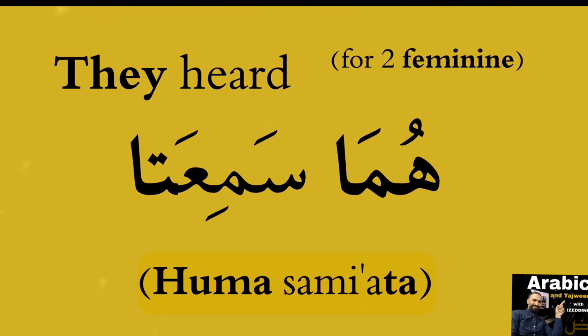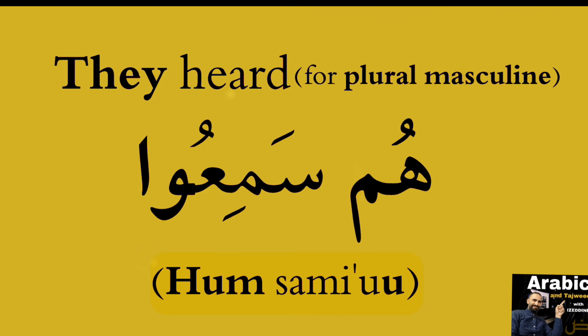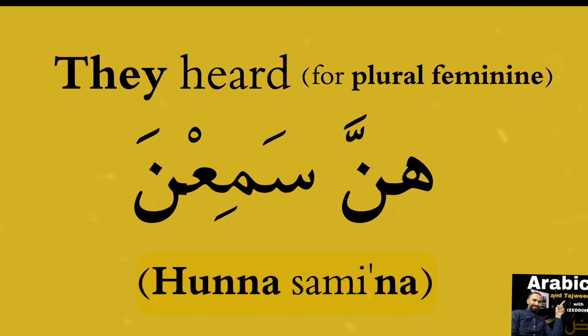هما سمعتا. They heard for two females. Not سمعا, that's for two males. هما سمعا. For two females, هما سمعتا. They heard for plural masculine or group of males. هم سمعوا. هم كتبوا. هم لعبوا.